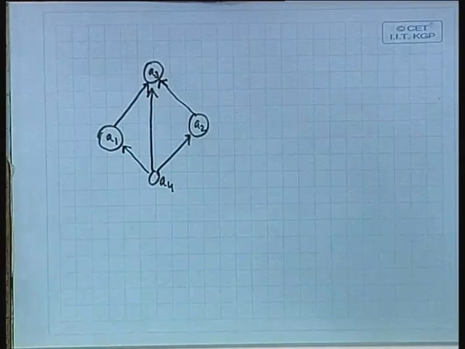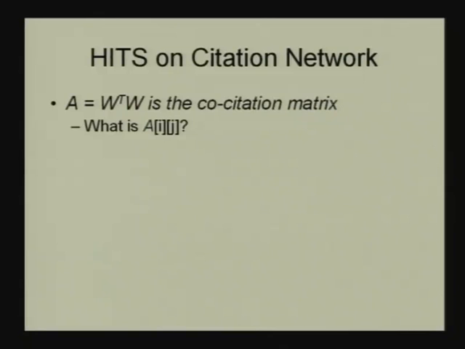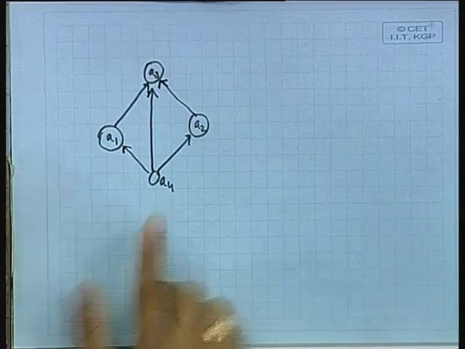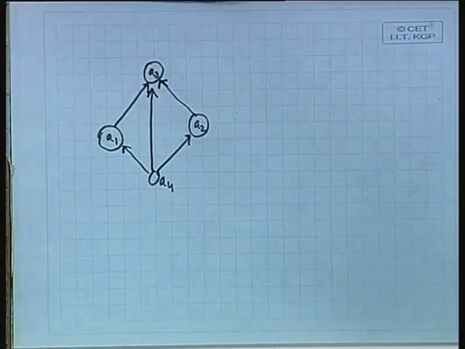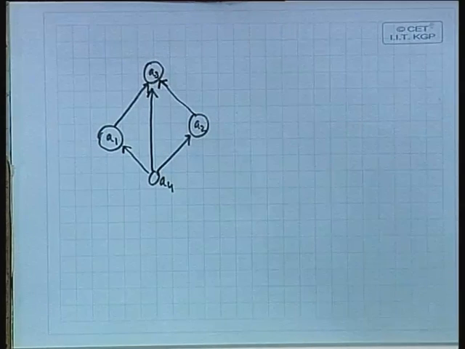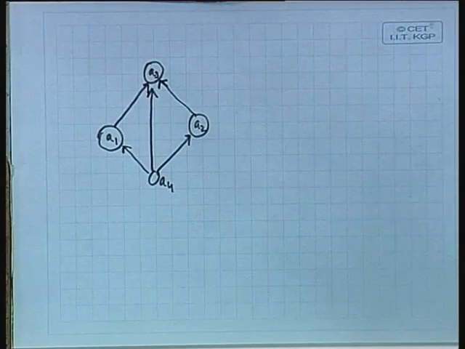Now what do you do in HITS? You compute two matrices. Assume that W is the link matrix for this citation network. Yesterday we used a slightly different symbol, A, for the adjacency matrix. Suppose we represent the adjacency matrix by W. Then remember, we computed two eigenvectors, one which represented the hub scores and one which represented the authority scores.